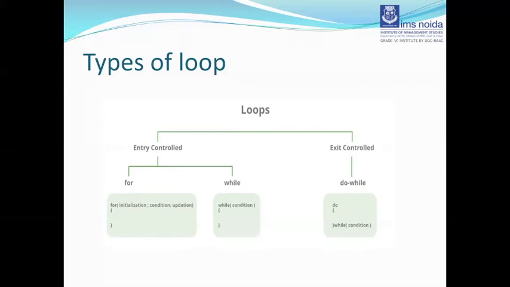Exit control loops are those, as I told you, in which the controlling is done at exit. Suppose you're going to a party with your friend, and a pass is needed, but not for entry. The pass will be checked after some time, maybe one hour, to see whether you have that pass or not.